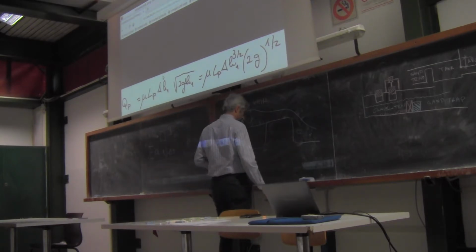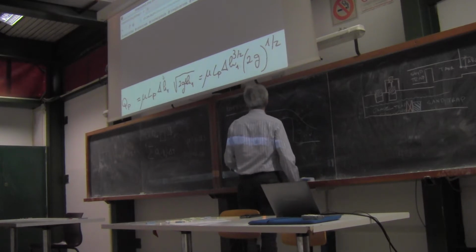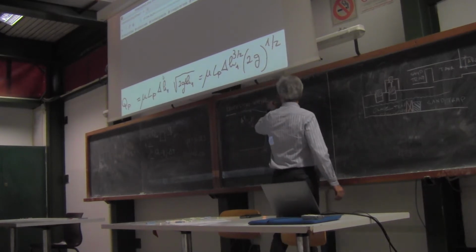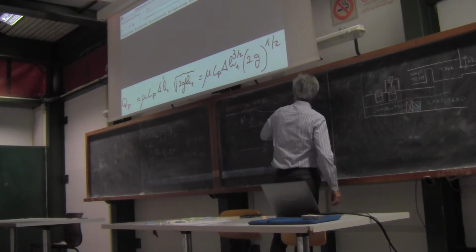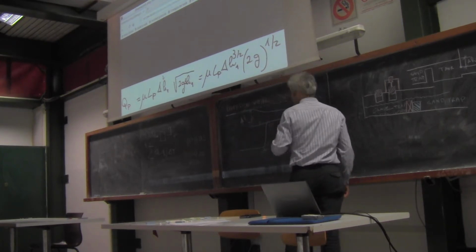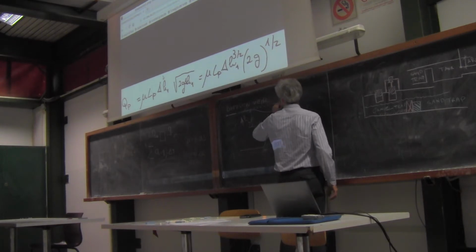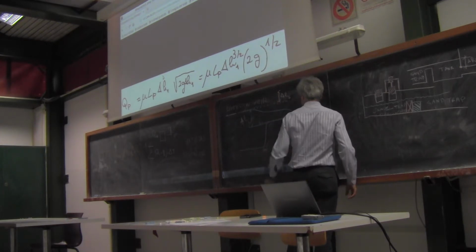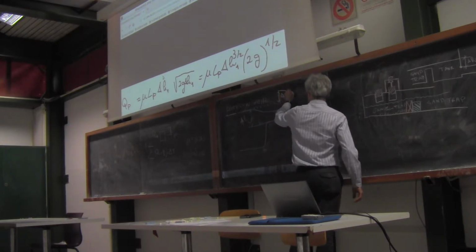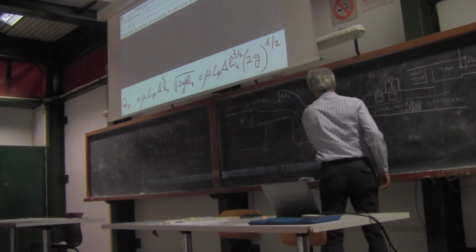So, if this is the level of the diversion flow, we measure delta H1 here, and here I have the main spillway.